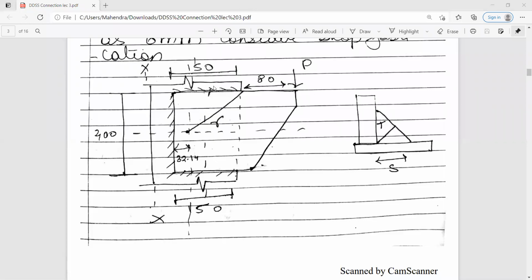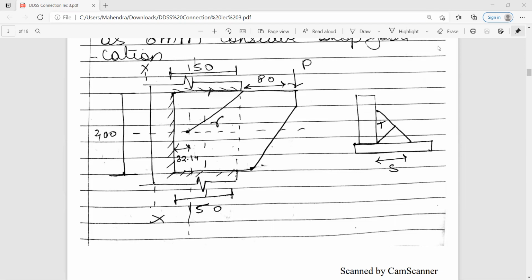So E will be nothing but यहाँ से लेके यहाँ तक का total distance, that is 150 divided by 2, that is 75 plus 80, and also we are going to consider this x bar, that is 32.14. So this distance 32.14 and exactly यहाँ से center से लेके तो यहाँ तक का total distance will be your E, that is eccentricity.